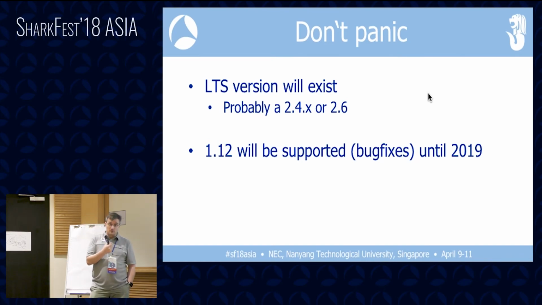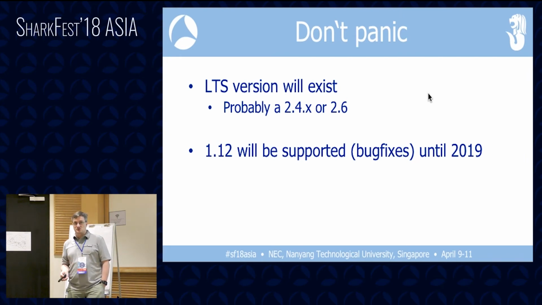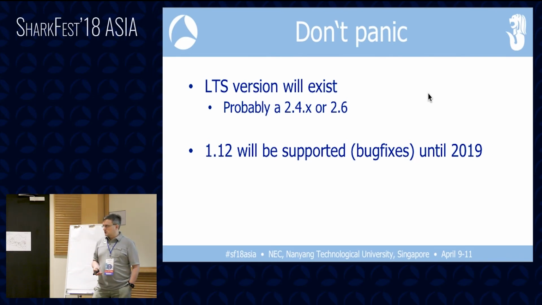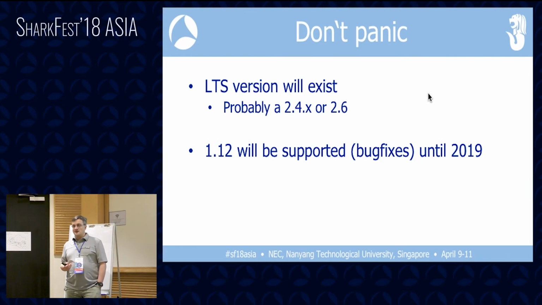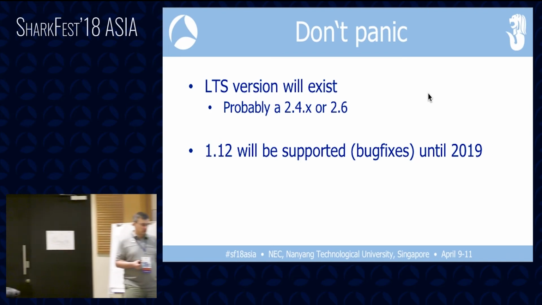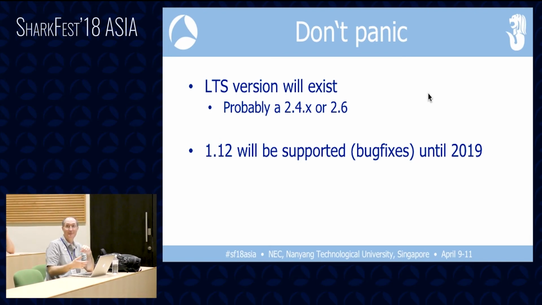To soften the blow, there are going to be two long-time stable versions. The first one is 2.4, which exists today. The next one is 2.6, which will be released soon. Soon meaning, I think, next week or so. Yes, that's the plan. And 1.12 will still be supported until 2019. Not by us. Well, one of our developers works with the Debian project, and he maintains a long-term support branch for Debian.